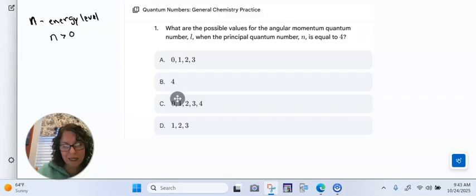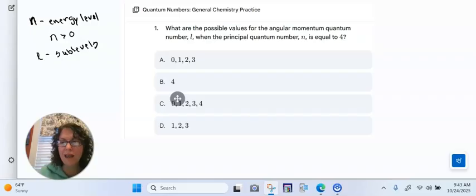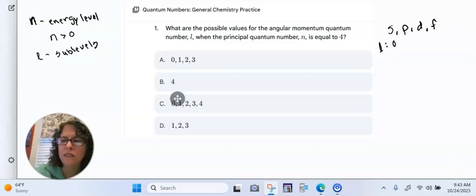Now within those energy levels, we have sublevels. That's where our l quantum number comes in. These are your sublevels. The normal sublevels that we talk about are s, p, d, and f. Their l values are 0, 1, 2, and 3.